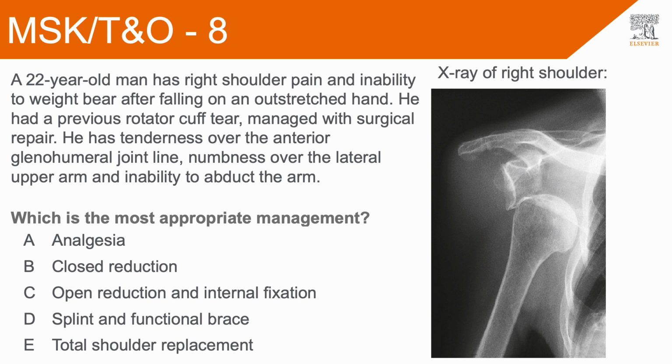A. Analgesia. B. Closed reduction. C. Open reduction and internal fixation. D. Splint and functional brace. Or E. A total shoulder replacement. I'll just give you a few moments to think about the correct answer.